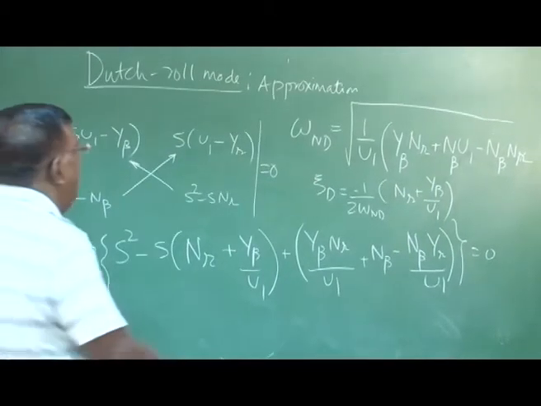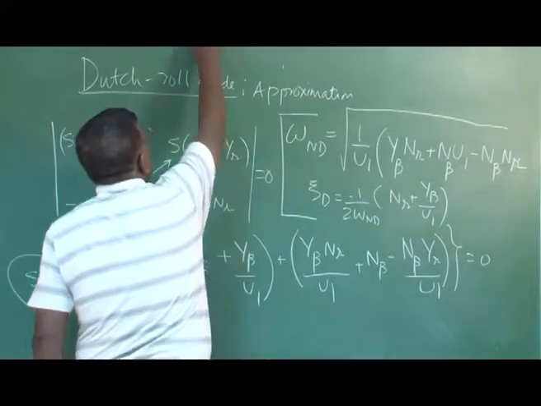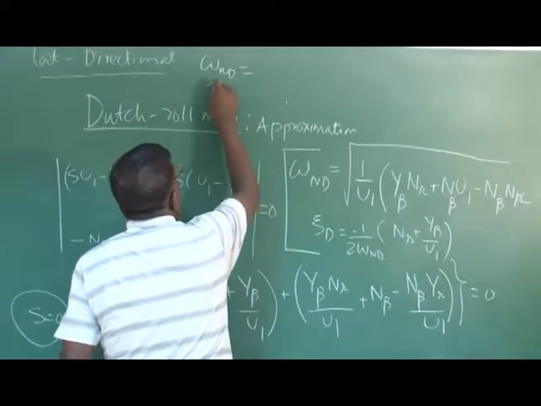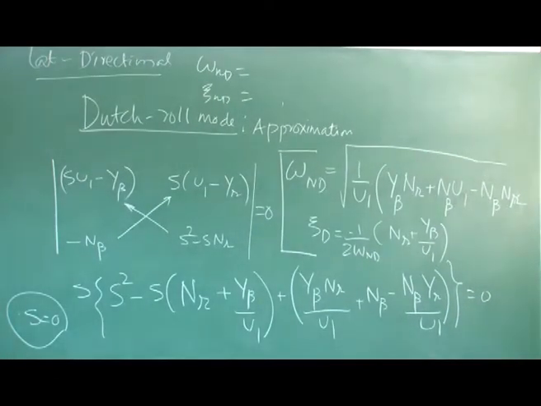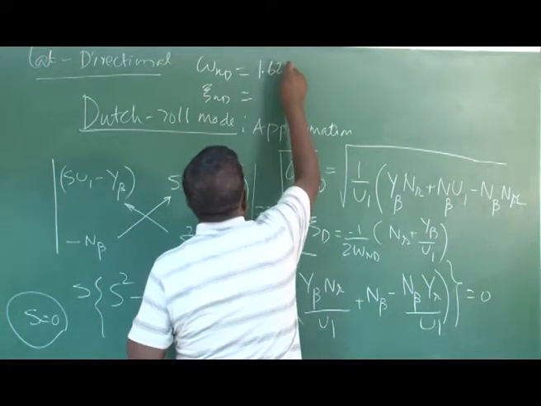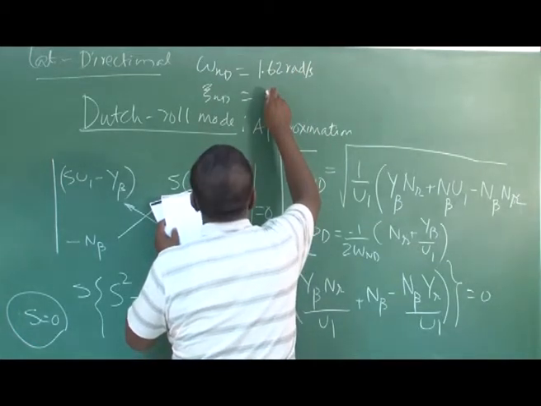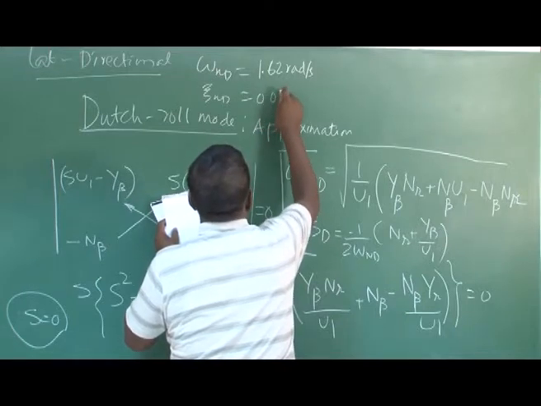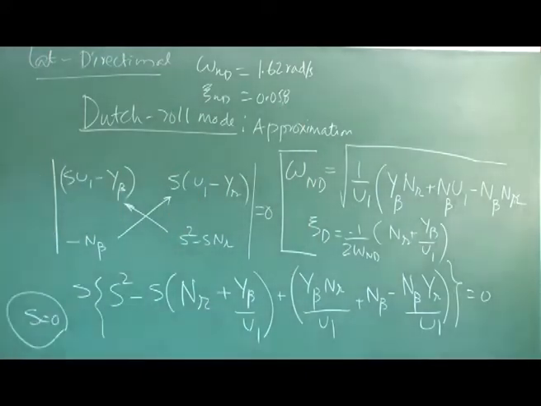Now we will see how much we get in terms of numerical values of omega nd and zeta nd with approximation, and how they compare with the exact solution. If we see omega nd, we will get around 1.62 radian per second if you put in the values, and zeta you will get 0.058. One thing is very clear from this approximate value also: it is a low frequency, and zeta nd of 0.058 means weakly damped.